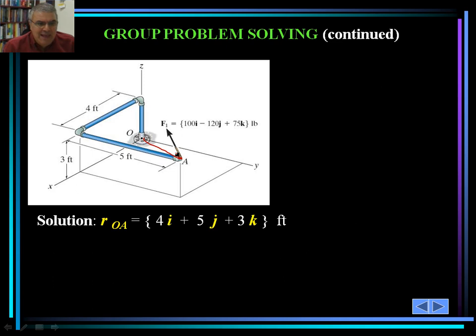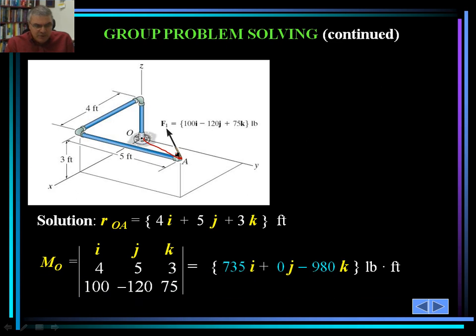I'll take that back. Actually, the distance of A in the X component is 4, Y component 5, and the K, which is in the Z direction, is 3. So 4i plus 5j plus 3k foot.